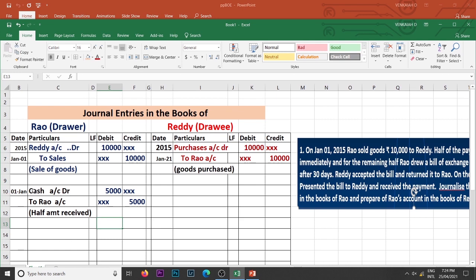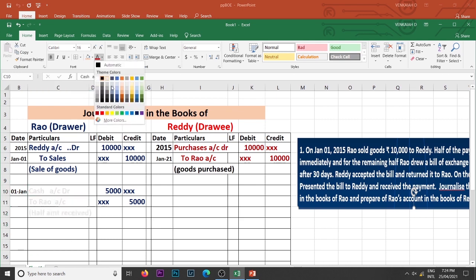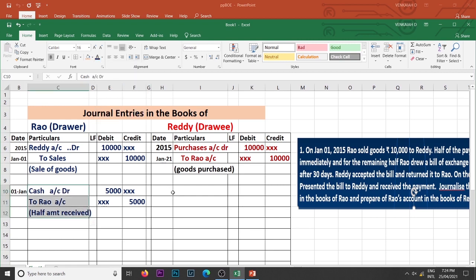Now the amount paid, paid to Rao from Reddy.